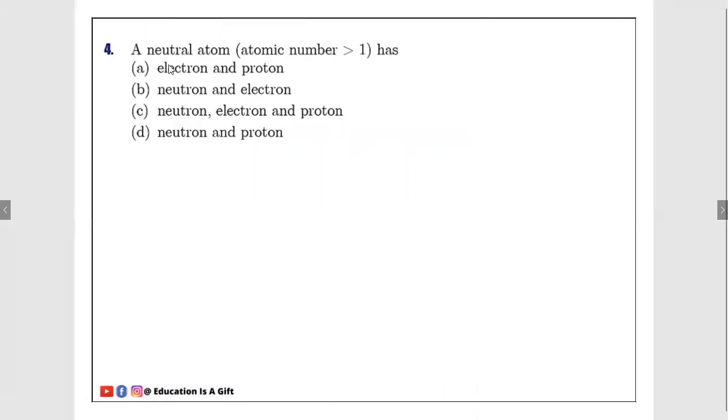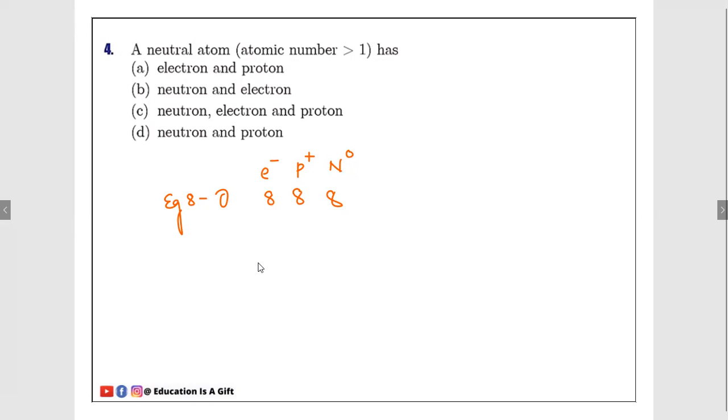Number 4, a neutral atom, atomic number more than 1 has. So which atom do we call a neutral atom? Basically atoms are neutral. Why are atoms neutral? For example, oxygen atomic number is 8. Oxygen has 8 electrons, 8 protons, and 8 neutrons. We know the charge of electron is negative, proton charge is positive, neutron charge is neutral.